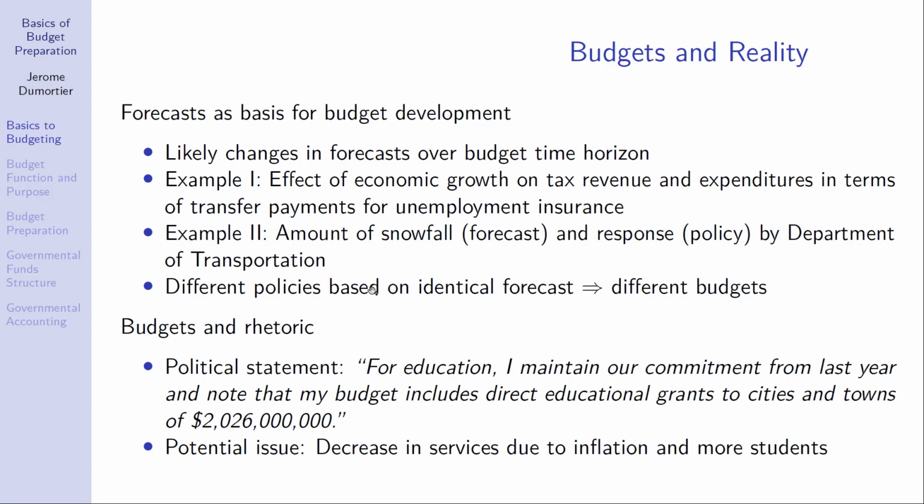Because you have more students, that also means you would have fewer funds available per student. So the term maintain may actually not be correct if the services have actually decreased.